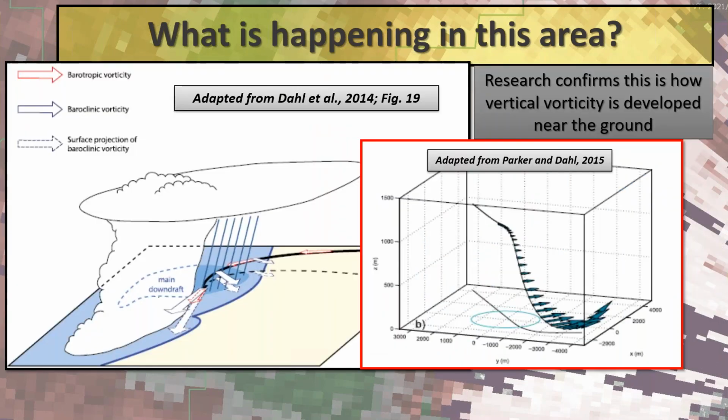Again, just kind of reiterating some of the same thing. Some of this is repetitive for a reason, and that's because there's really quite a bit of high resolution modeling that has taken place, all kind of suggesting the same thing, where the parcels that make it into the low-level mesocyclone actually originate in that SVC along the forward flank convergent boundary, while those that make it into the tornado-like vortex, which is what they call it in simulations, actually originate from deeper within the colder air.